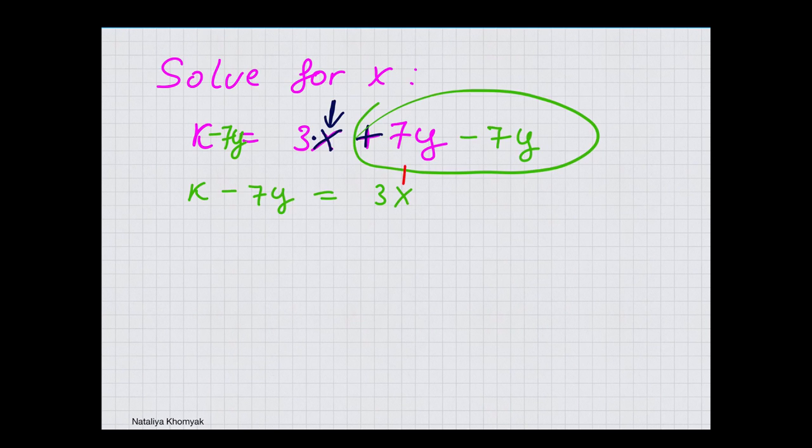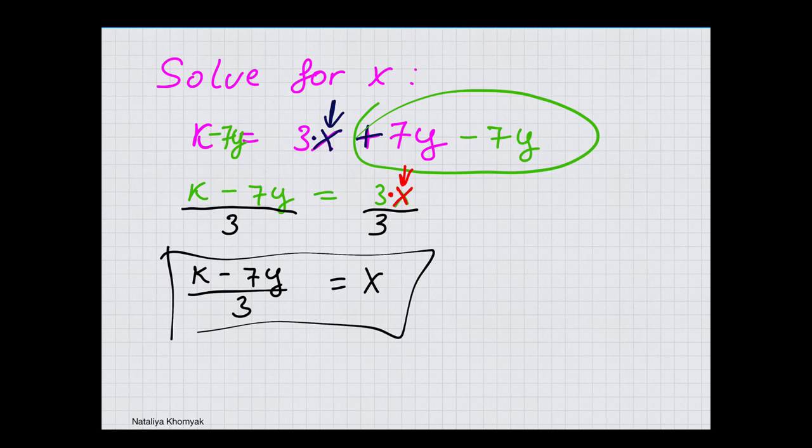And now we are still solving for this x, so all we have to undo is multiplying by 3. The opposite of multiplying by 3 would be to divide by 3. Whatever you do to one side of the equal sign, you want to do the same thing to the other side. So k minus 7y out of 3 equals x.